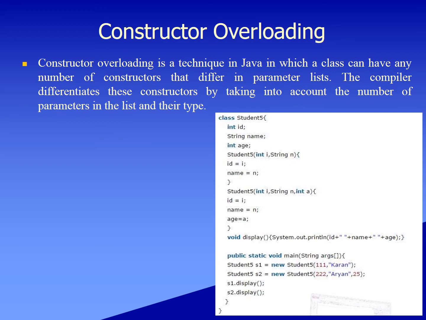That means in the first one, through the s1 object, only two parameters have been passed to the constructor. So which constructor will work? Only the first constructor, Student5 with int i and String n. In the second one, Student5 s2 equals new Student5(222, name, 25). That means three arguments have been passed to Student5.